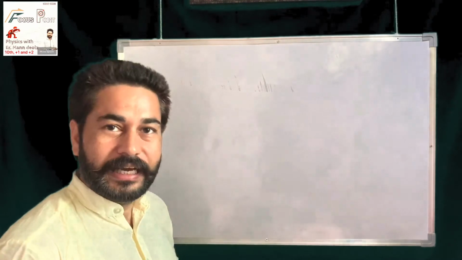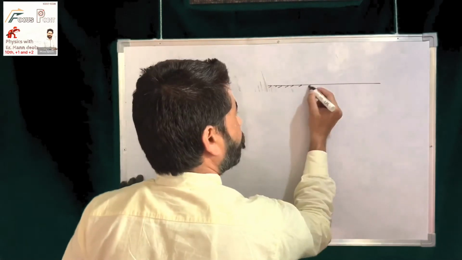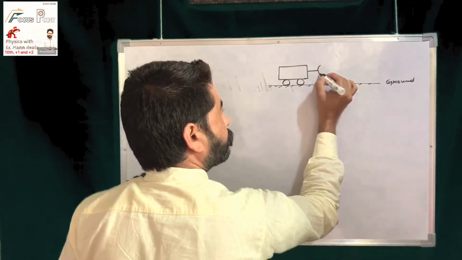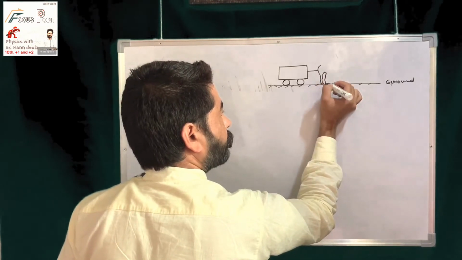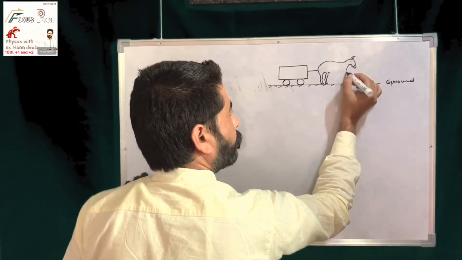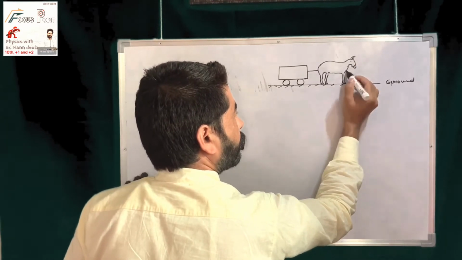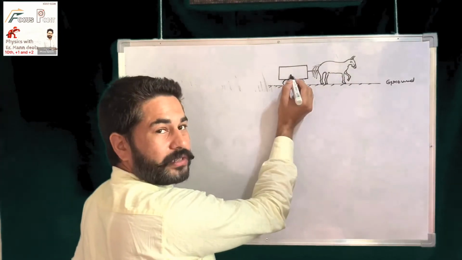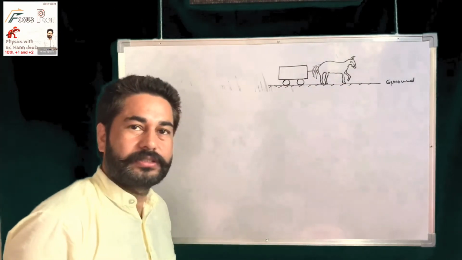So let's draw the diagram first. This is the cart and this is the horse.